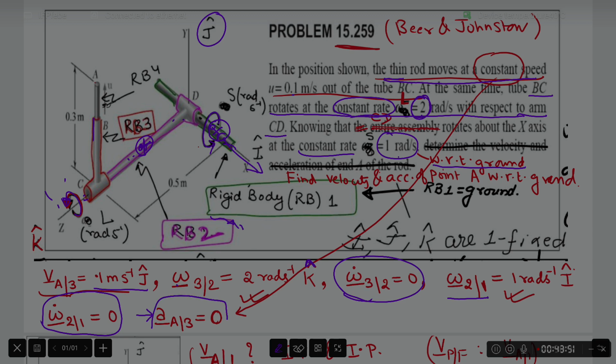That implies AA3 must be 0. So these 2-3 sentences that the author has put here help me identify these quantities, the numerical values and their directions, and these will be helpful to us once I start using velocity transfer and acceleration transfer relationships to get the primary quantities of interest, which are VA1 and AA1.